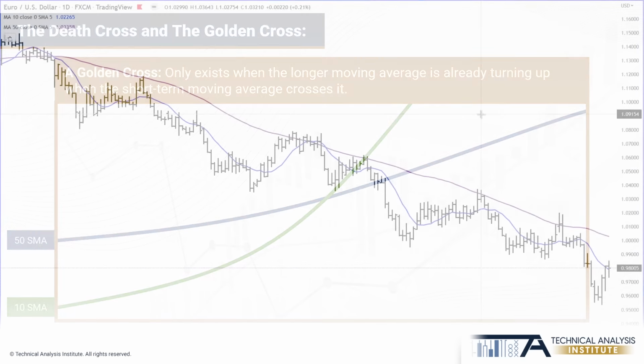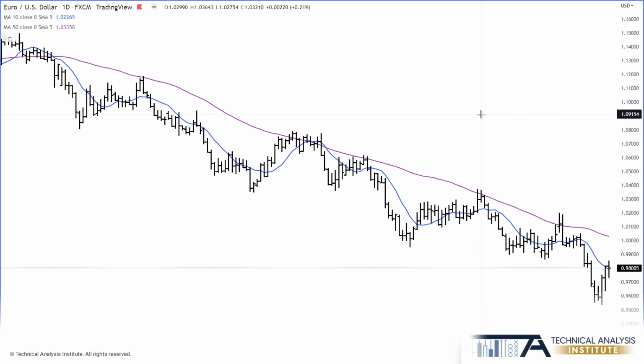For example, here is the daily chart of euro using the 10 and 50 combination. You can see how the first cross was not a dead cross because the 50 right here was still flat, maybe even pointing up. But the next cross had the 50 already steeply pointing down, and that made it deadly.